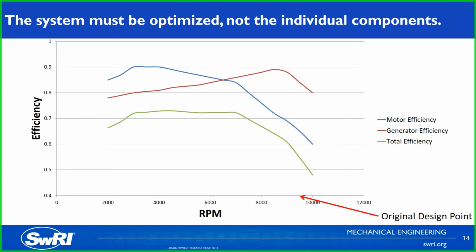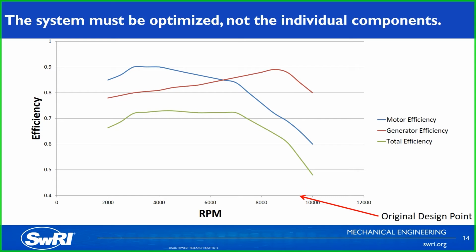So I think one of my favorite things I've learned in the process of doing these types of system prototypes is that we want to focus on the system being optimized, not the individual components. For the hydraulic to electrical power conversion unit that we were designing and testing, we had a hydraulic motor that was used to spin an electrical generator.